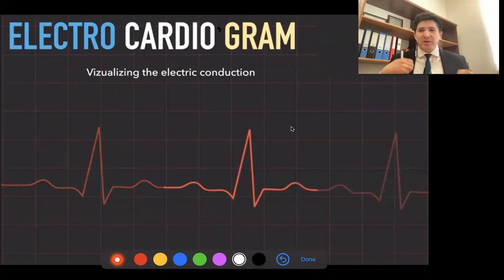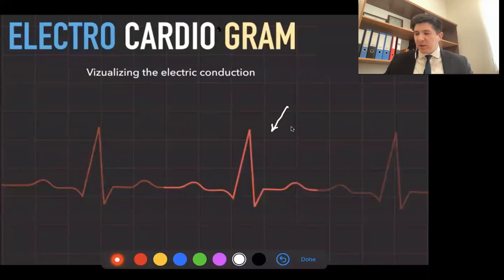There are actually six of them. They are put on the right arm, the left arm, and the left leg. Then we measure the conduction of the electricity through the heart, and we get this kind of graph.